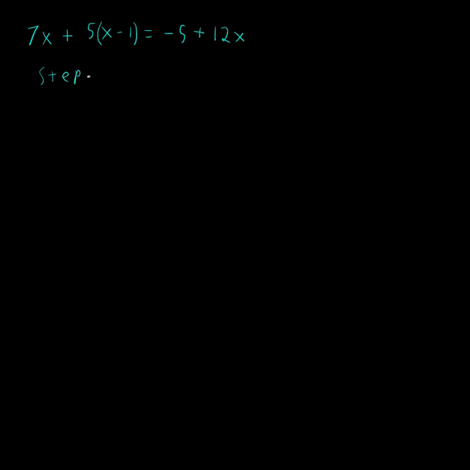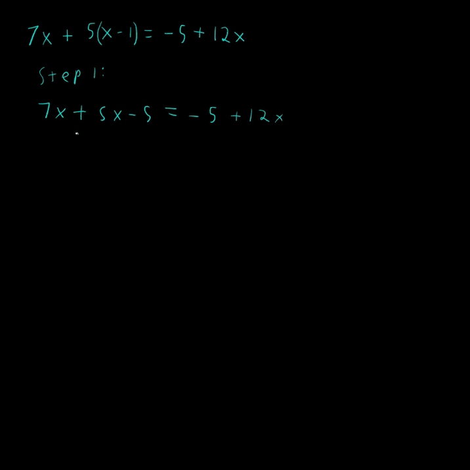Step 1, simplify. So we can simplify this as 7x plus 5x minus 5 equals negative 5 plus 12x.